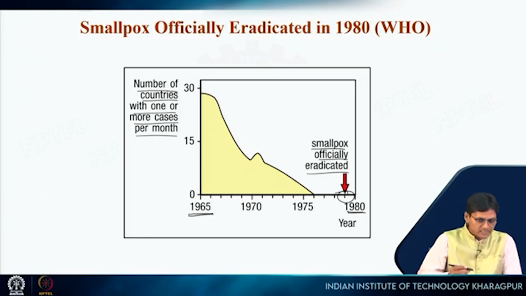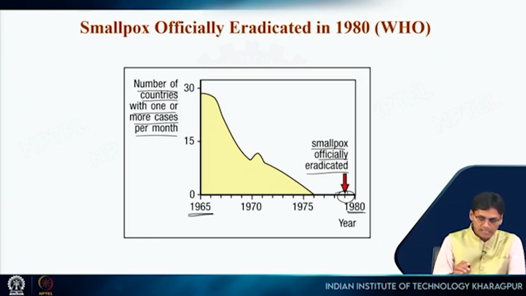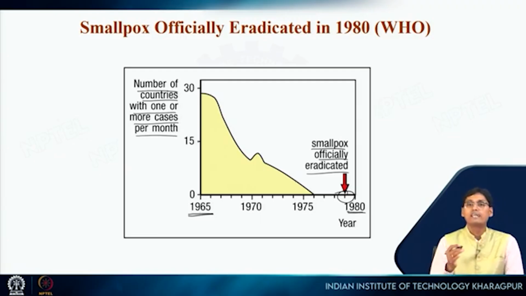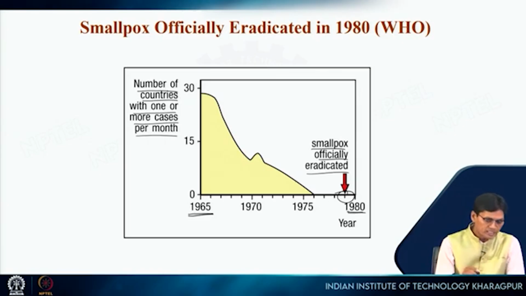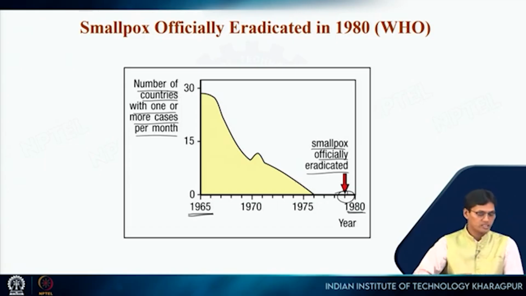And in this case, I would like to mention that whatever stock of smallpox there was when WHO declared it eradicated, all those smallpox virus stocks were destroyed or transferred to two WHO designated laboratories.